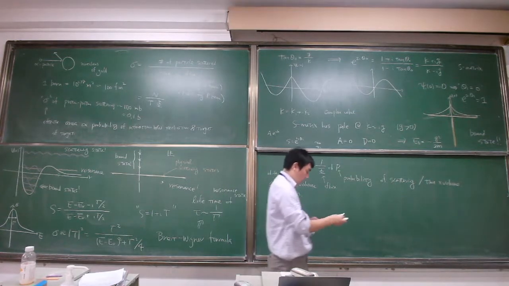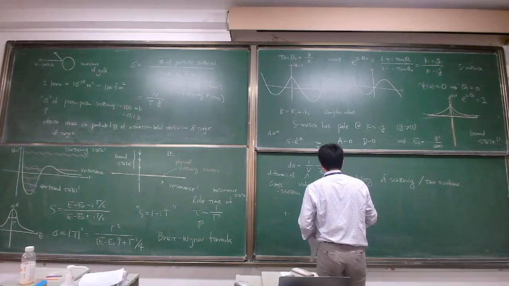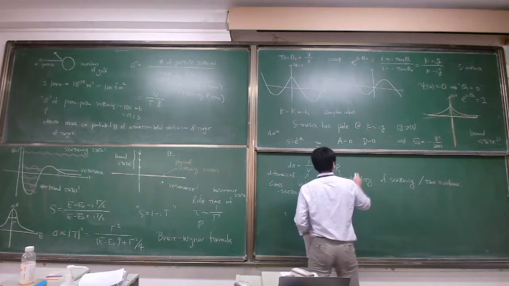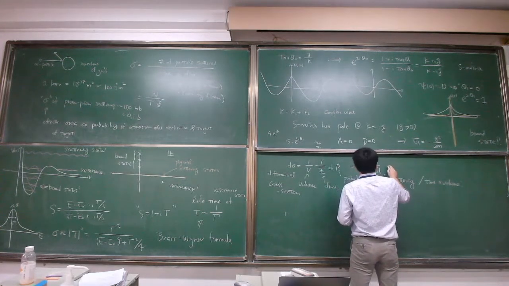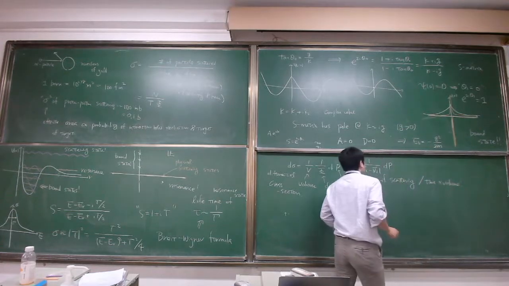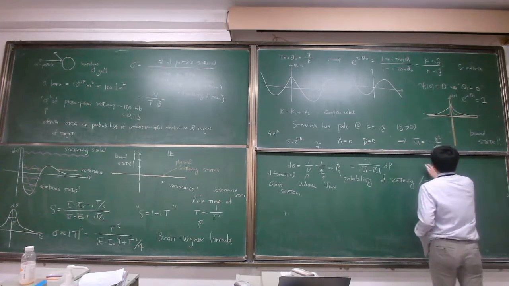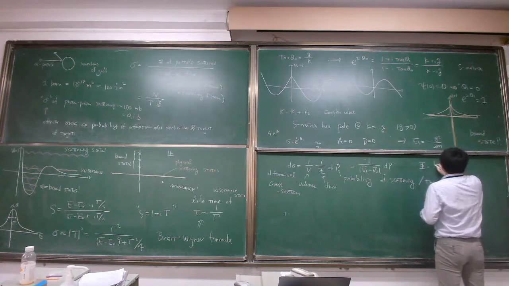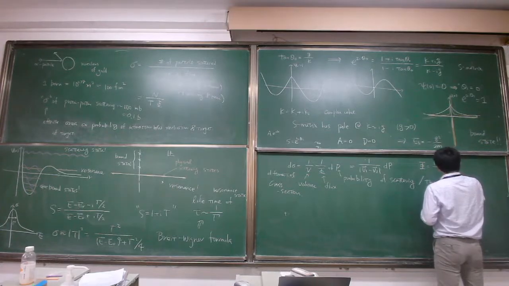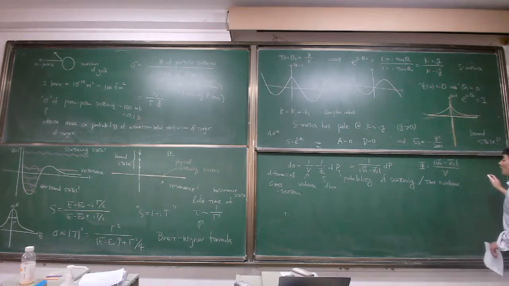And often people are interested in the following. So this is equal to 1 over V1 minus V2 times dP, where the flux can be understood as V1 minus V2 divided by V. And V is a velocity, so be careful.